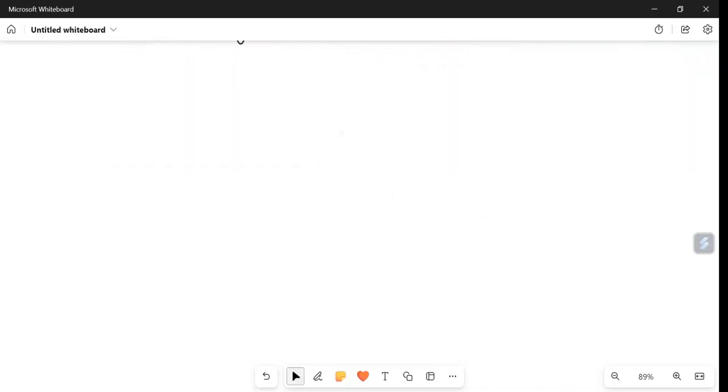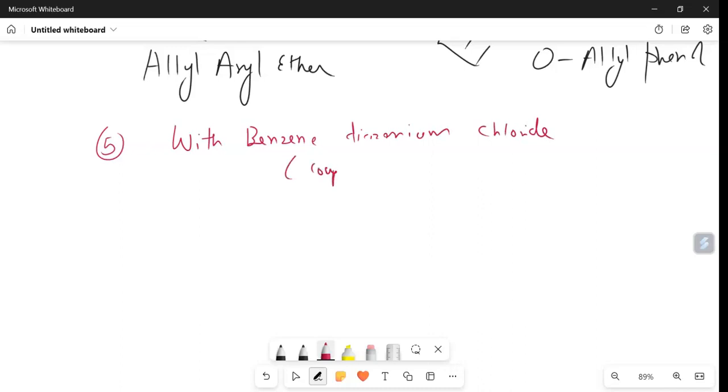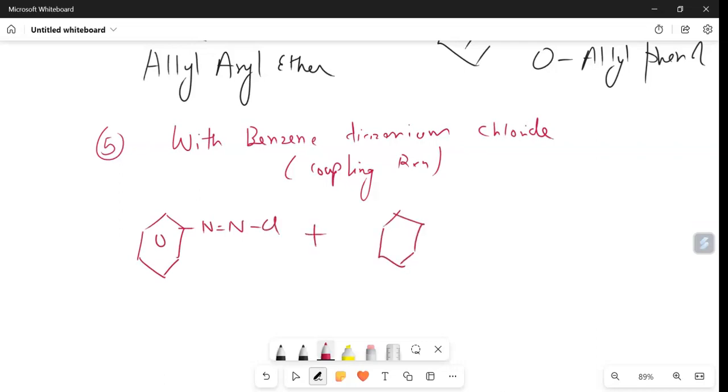The next reaction which we are going to discuss is with benzene diazonium chloride, also known as the coupling reaction. In this reaction, benzene diazonium chloride, that is N=NCl, is treated with phenol in the presence of NaOH.